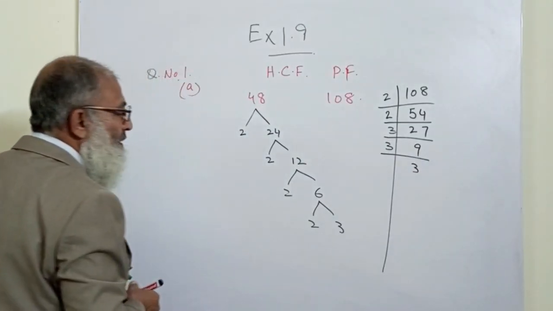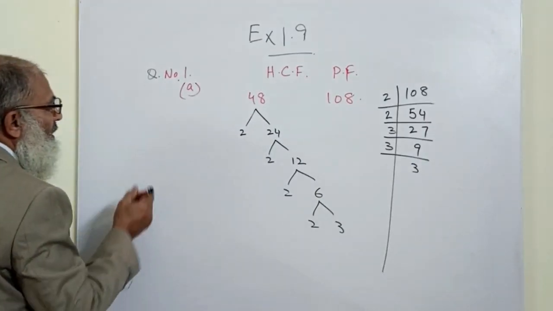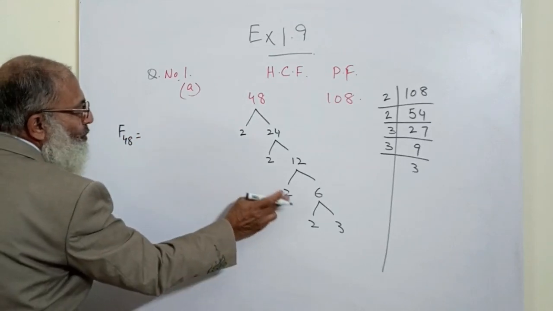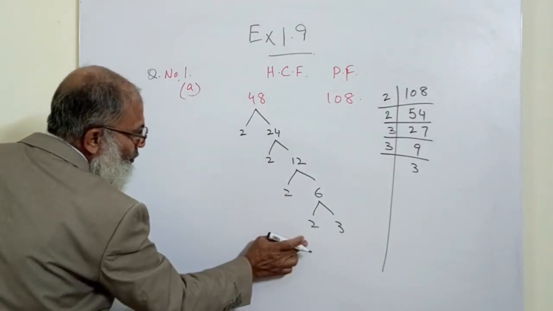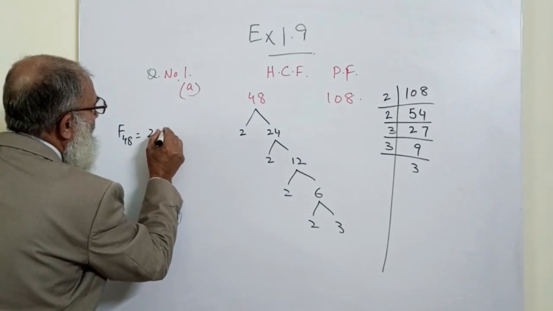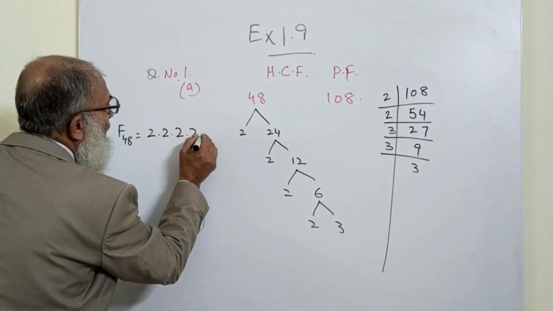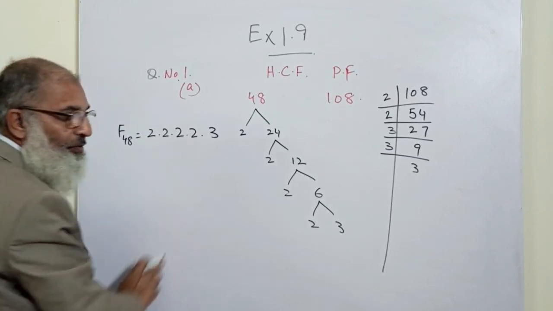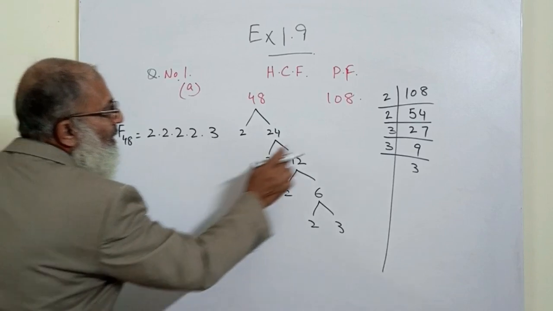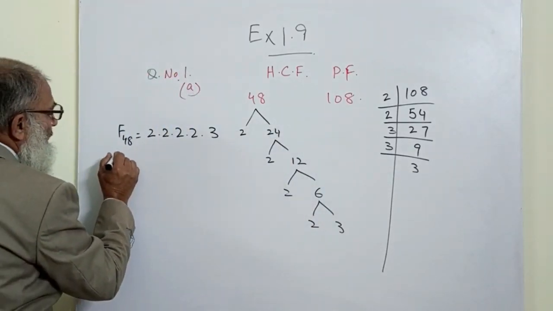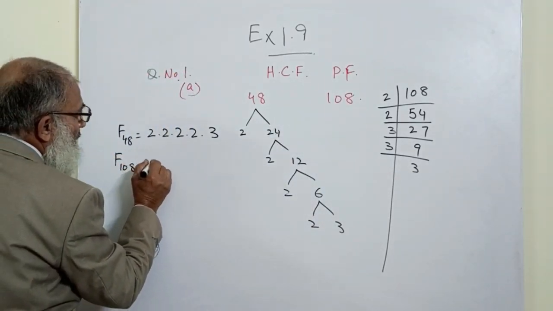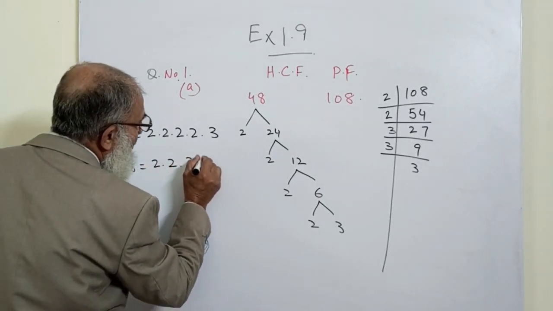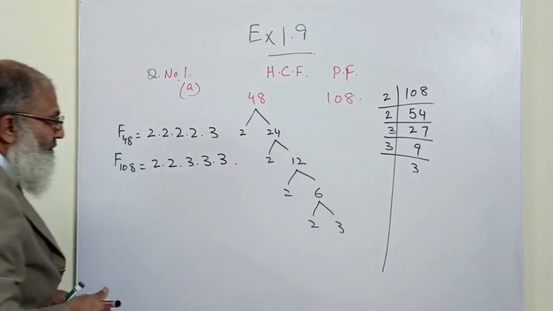So what are the outcomes now? F48 is 2 2 2 2 and 3, four 2s and one 3. I simply put a dot in between each of the digits. And F108, there are two 2s and three 3s.